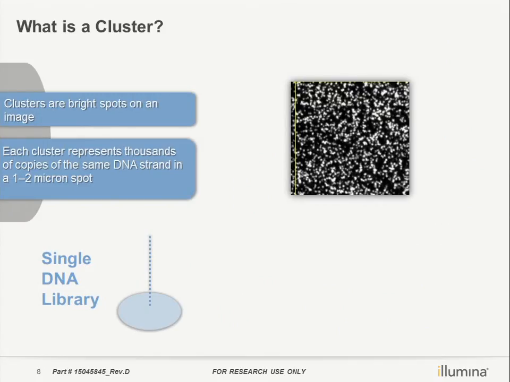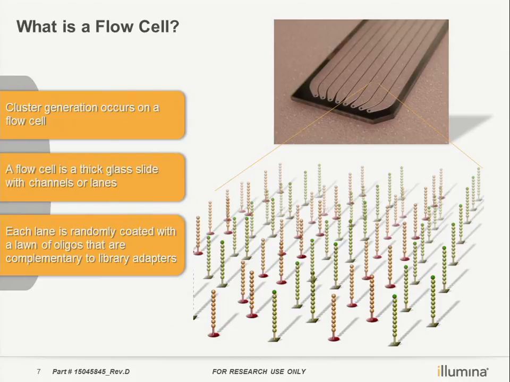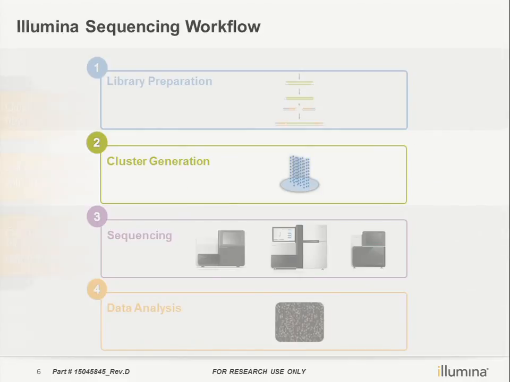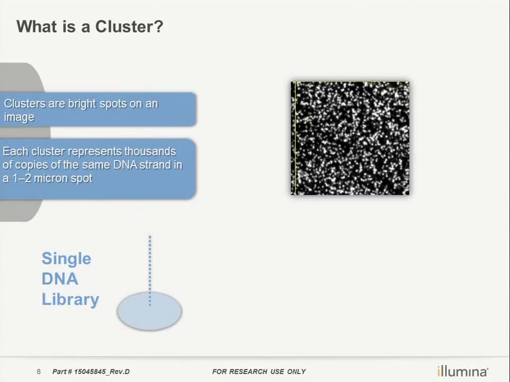When we denature and dilute the library and then load it to the instrument, the single-stranded DNA library will bind to the flow cell. It binds to a complementary sequence because we have the P7 and P5 sequences at the ends.